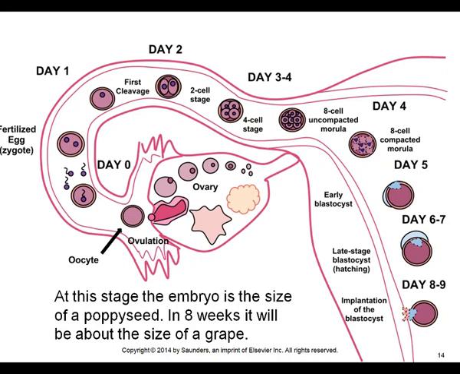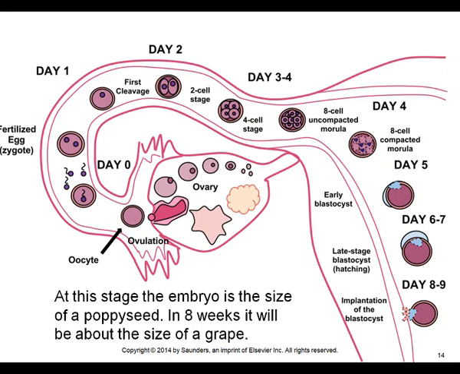So let me call your attention to the ovary. Inside the ovary, through the process of meiosis, an egg is made. That egg is then released into the fallopian tube through the process of ovulation.